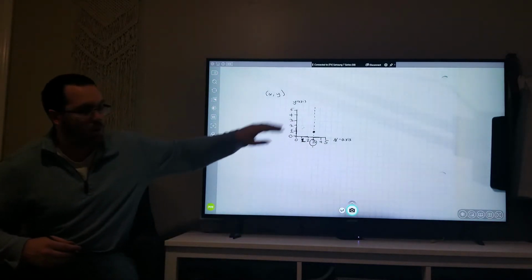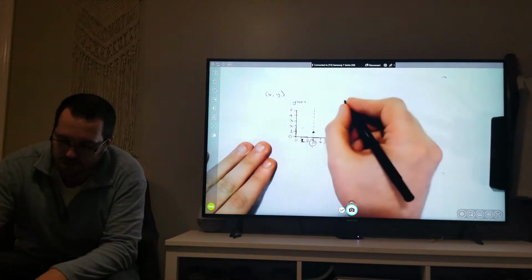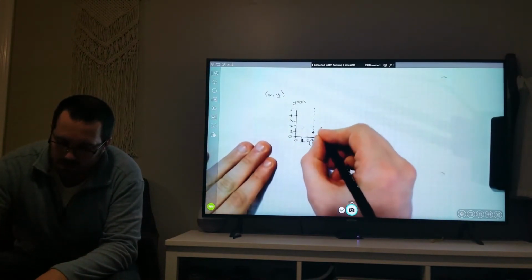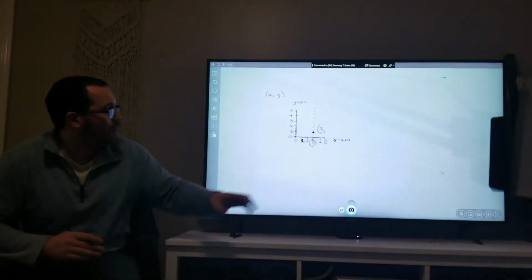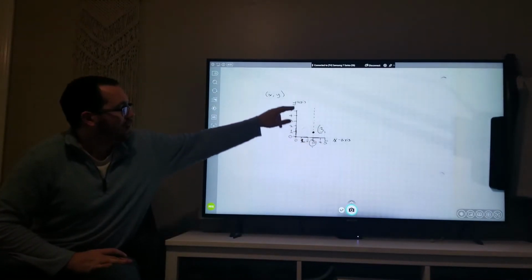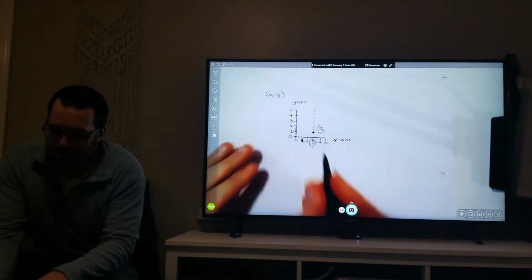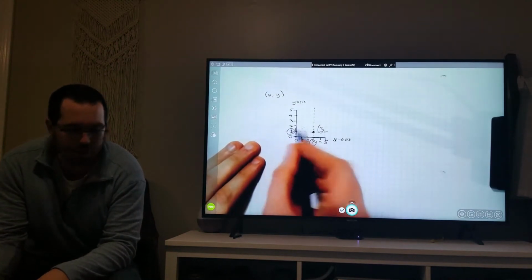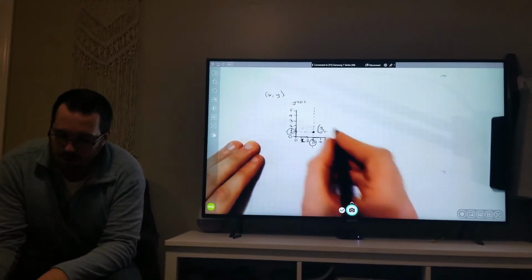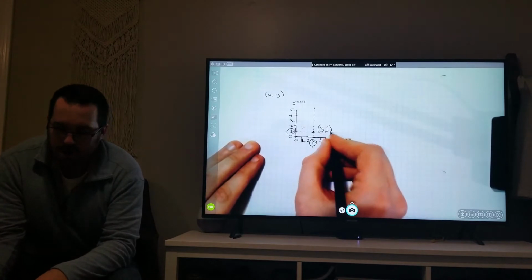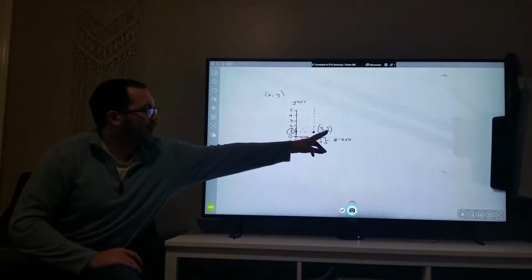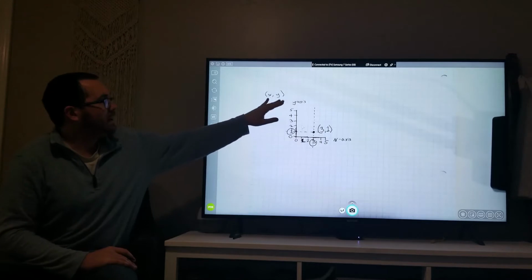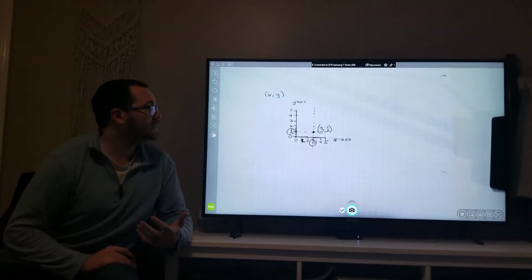So 3 is my x value. And then my y value is how far up and down it is. If I go across this way, I see that it lines up with the number 1. So my values are going to be 3, 1.